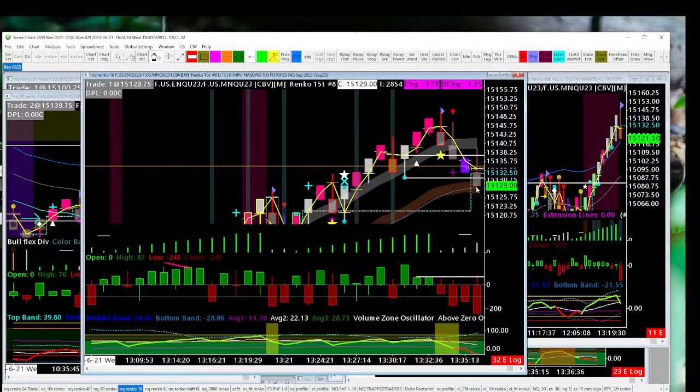Yet at the close, we had a bigger difference in sellers versus buyers than we've had the whole way up. And we're closing below the biggest buy delta. So, from my point of view, it's bearish.